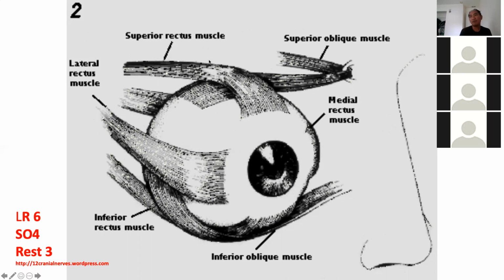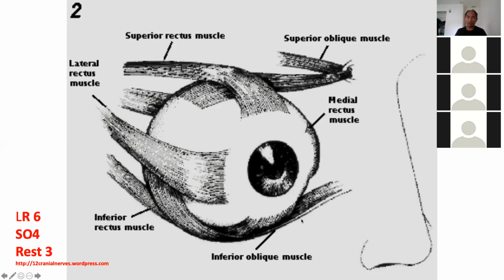Above the eyeball, we call it superior rectus. Below the eyeball, we call it inferior rectus. Lateral aspect of the eyeball, we call lateral rectus. Medial aspect of the eyeball, medial rectus. And now we have 2 obliques. Here, look at it. Superior oblique and inferior oblique.